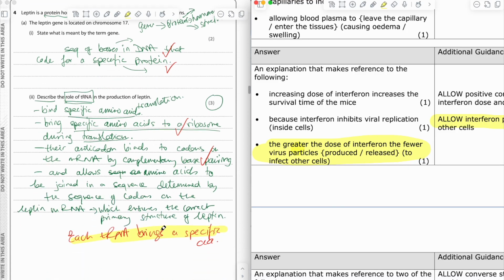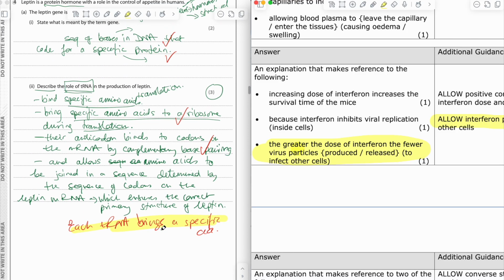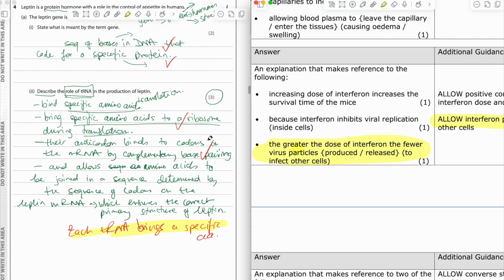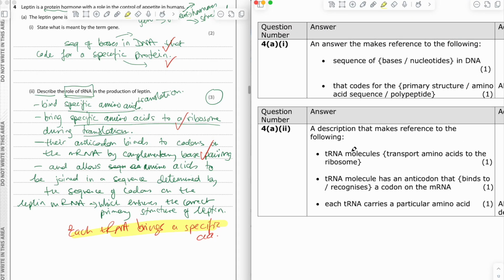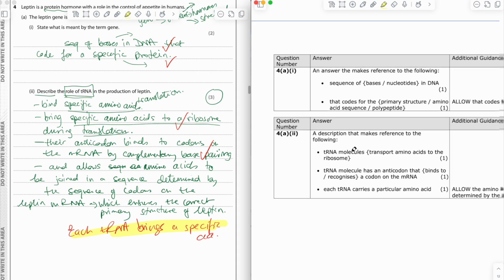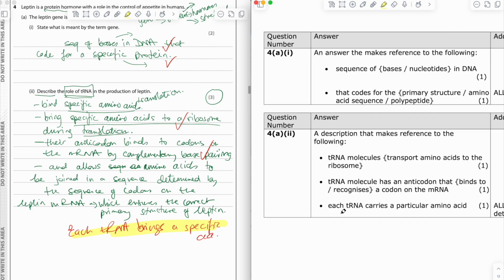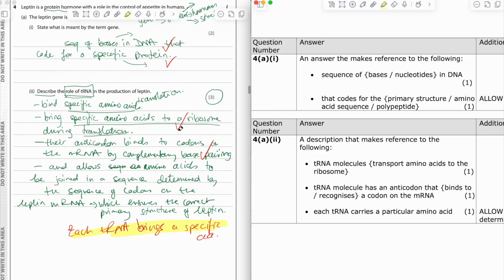Right, let's look at the next highlighted bit. Okay, so here: describe the role of tRNA, question 4. So let's go to question 4. All in all, I think a fair mark scheme. But sometimes it does seem a little bit like, if you're only going to have 3 marking points, there's quite a lot to talk about in terms of what tRNA do.